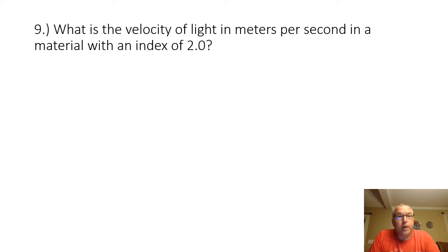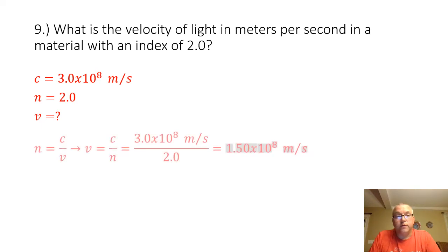Problem 9. What is the velocity of light in meters per second in a material with an index of 2.0? The speed of light in a vacuum, c, is 3.0 times 10 to the 8th meters per second. The index of refraction for the medium is 2.0, and we want to know how fast the light travels through that medium.